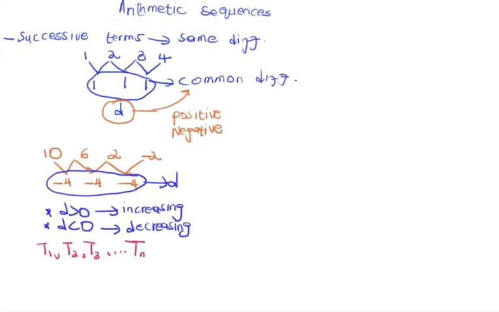When we talk about this common difference, D, we simply say D is equal to term number n plus 1 minus term number n. This is the formula. For example, it is equal to term number 3 minus term number 2, equal to term number 4 minus term number 3, and so on.